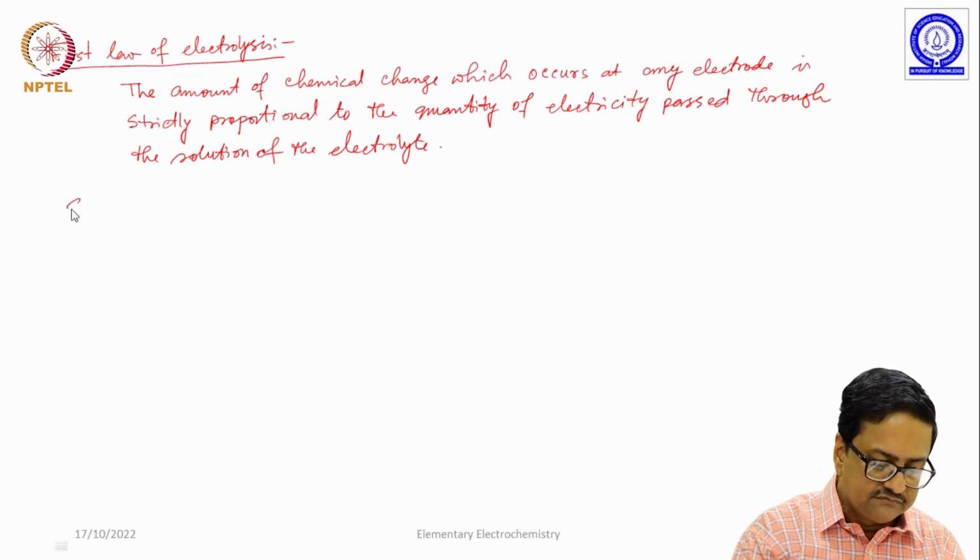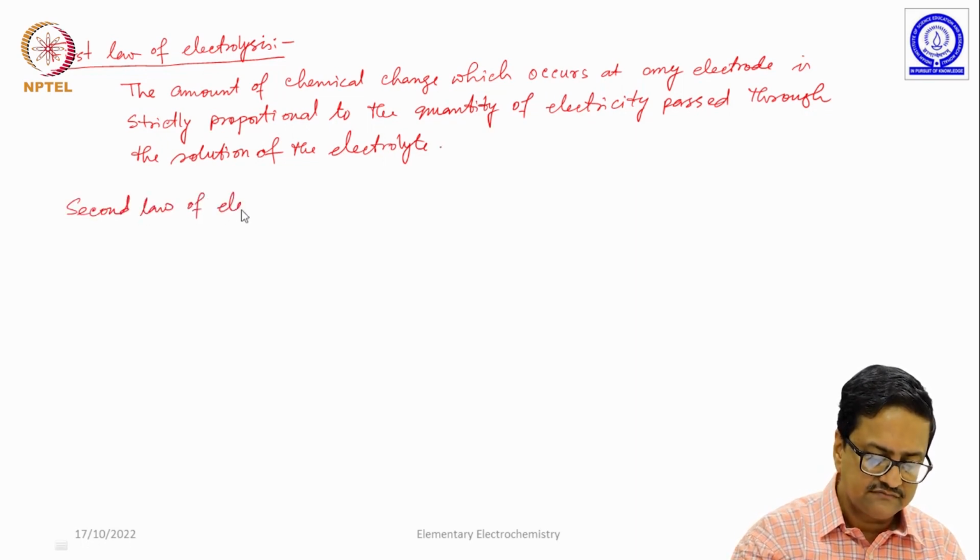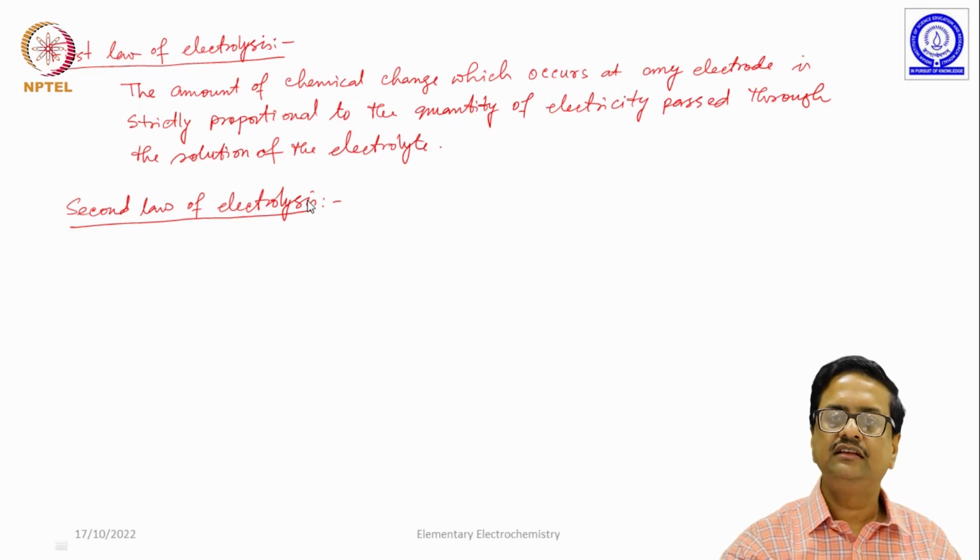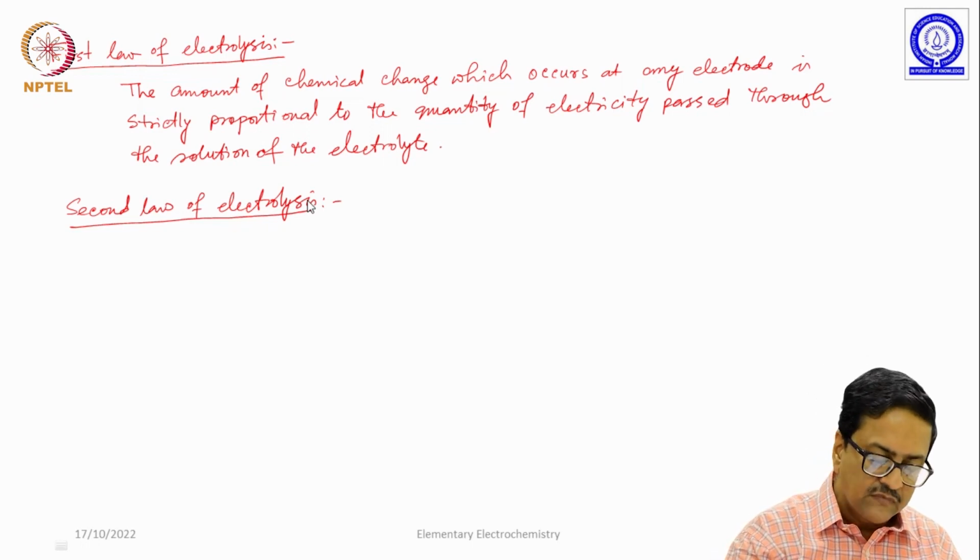The second law of electrolysis talks about the relative quantity of the substances generated.